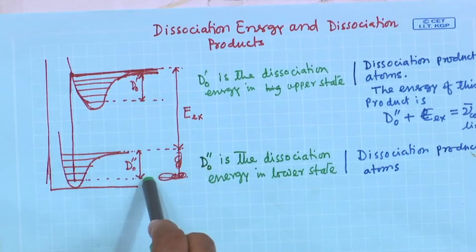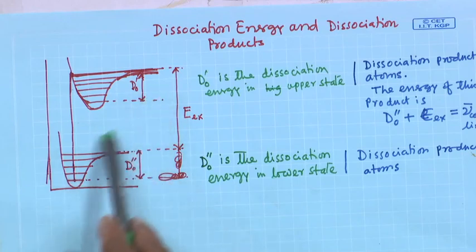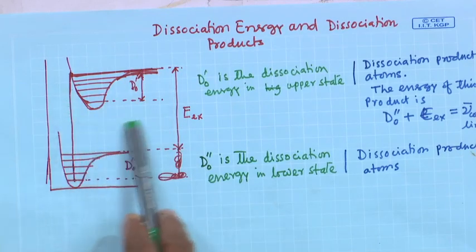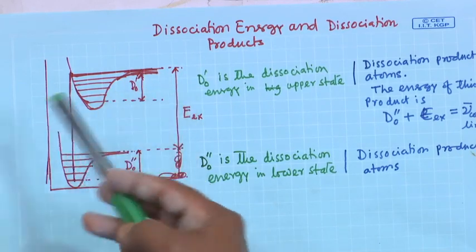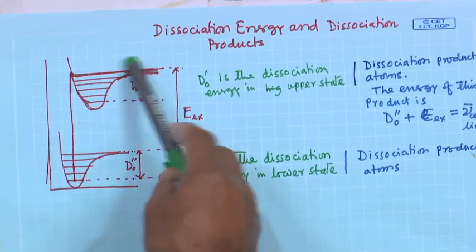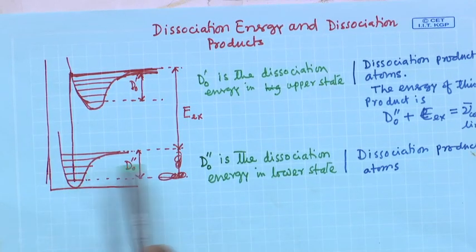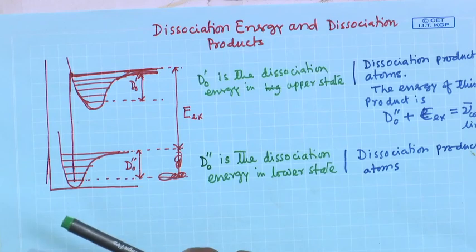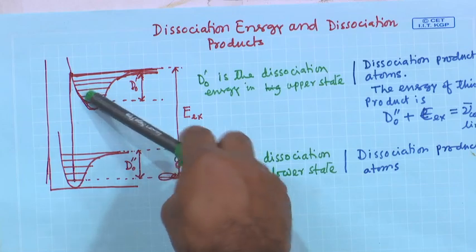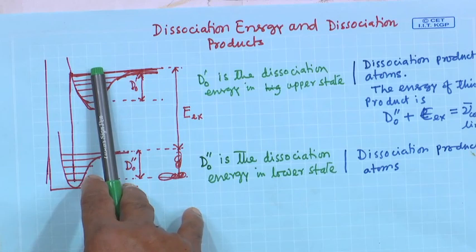This energy applies only when the molecule is already in that electronic state, either in the ground state or in the excited state. After that, if you want to dissociate in either of these states, these are the dissociation energies. But in another case, there is an electronic transition as well as a vibrational transition together.